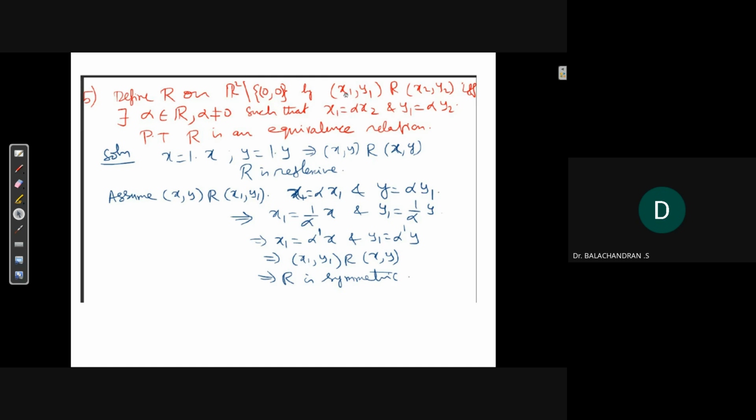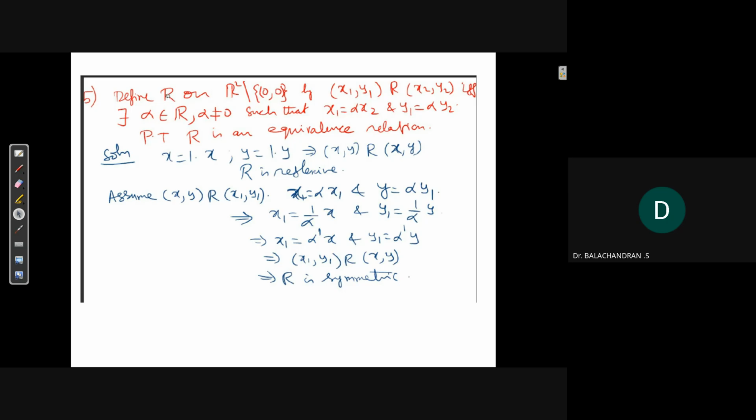That is, the first element is equal to some alpha times the other, where alpha is a real number. This R is a real number, this R square is the two-dimensional plane.